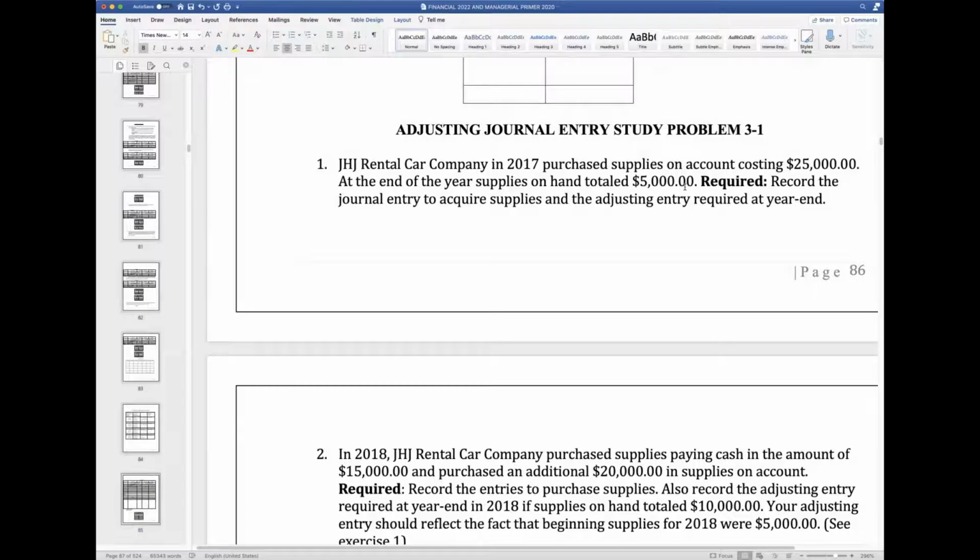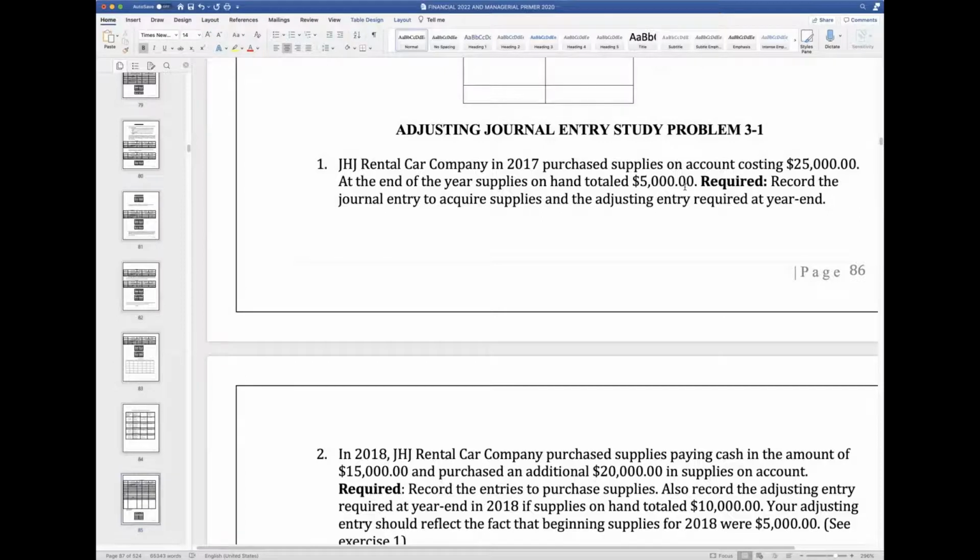Yeah, I'm doing that. But I'm just saying, if you purchase supplies, if you had $25,000 in your account at the beginning of the month, you didn't put any more money in, and you had $5,000 at the end of the month, how much did you spend?